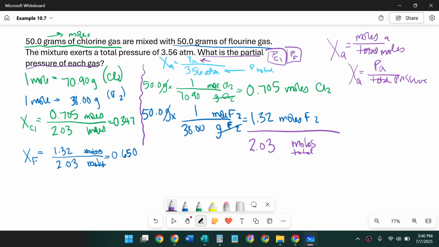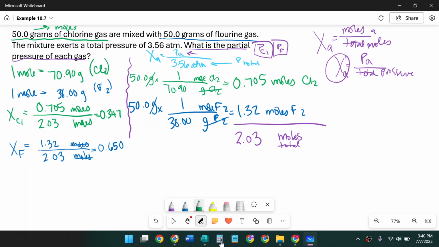Okay, so we have our X of A figured out. That's what this is, and that's what this is. These two are our X of A. So for chlorine, our X of chlorine is 0.347.